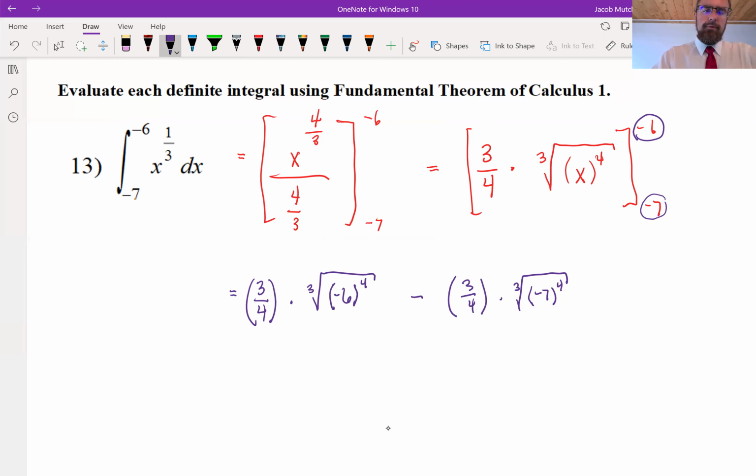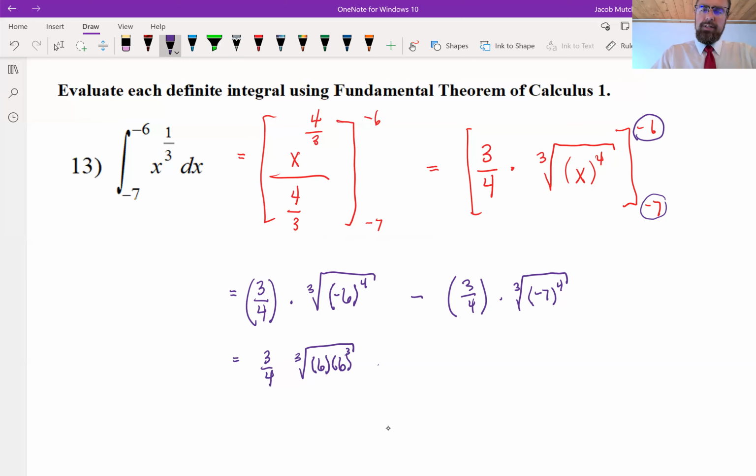Now I need to just simplify that response. So that's going to be 3/4. If I think about that even power of 4 within the cube root, it's equivalent to positive 6. That's going to make it all positive. So the way I'm going to group this, I will make it positive 6, but I do want to group it as 1 power of 6 and 3 powers of 6.